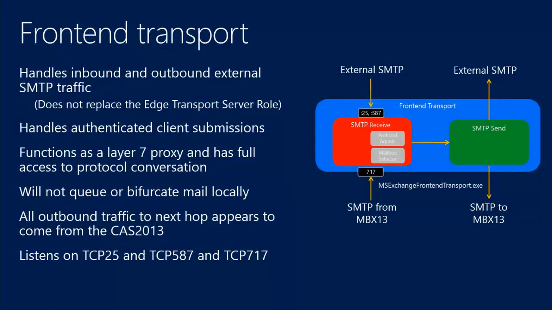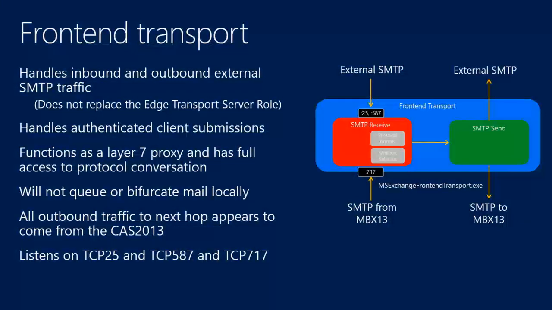And once that bit is set, then all mailbox servers within that Active Directory site that are scoped to that send connector will then use the client access servers within that local Active Directory site for message delivery, going out to the internet or to wherever the front-end transport service is configured to deliver mail. That will use TCP 717 as its TCP port for mailbox to client access communication.